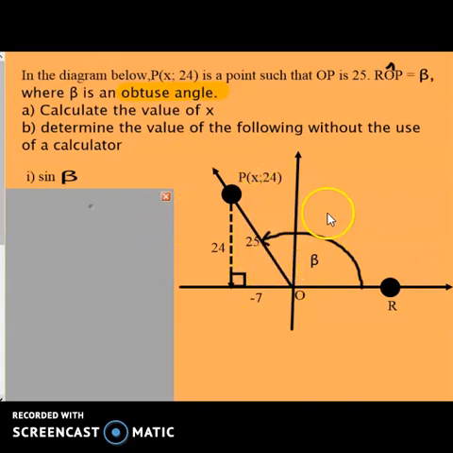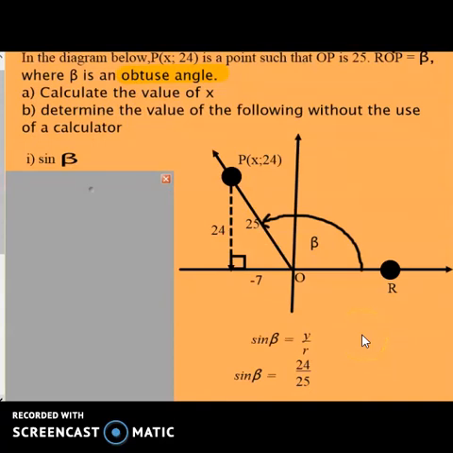Sine in the second quadrant is positive, so my answer is 24 over 25. Right, so first thing we do, we say sine of beta is a y value over r value. Let's grab that quickly. And then we say that means sine of beta is 24 over 25. I think everyone is happy with that.